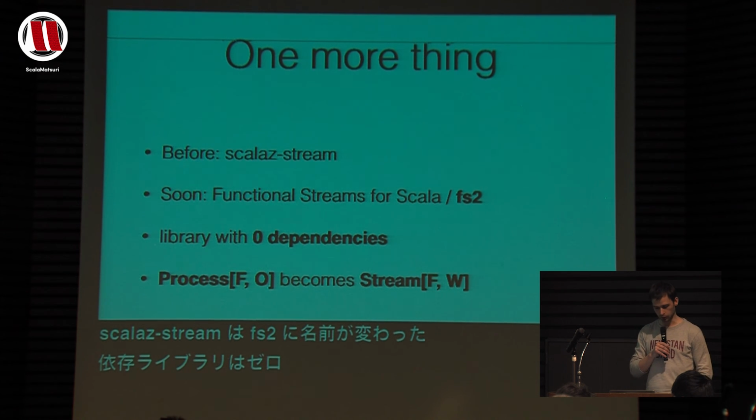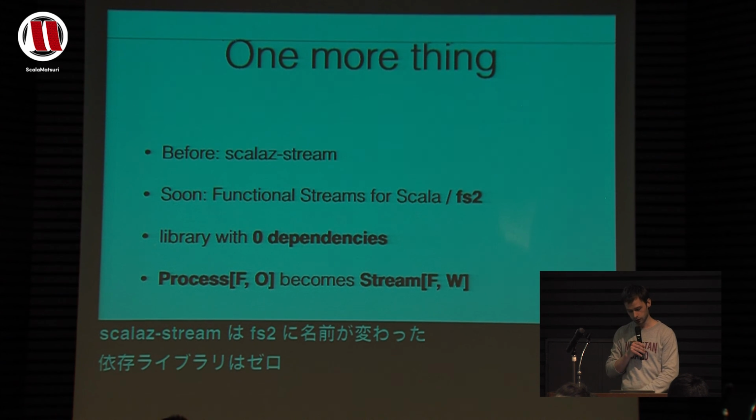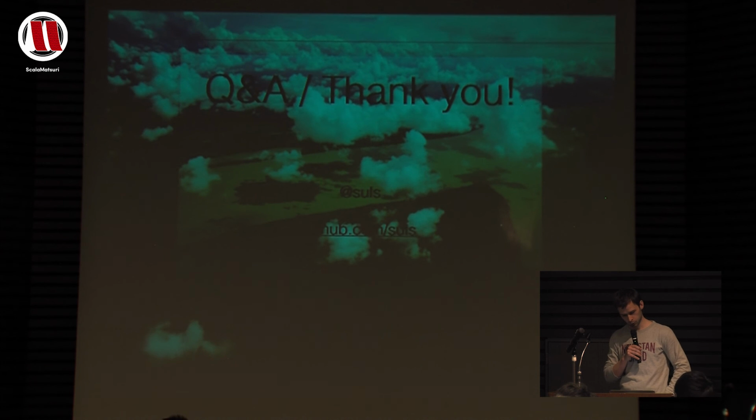So there will be some changes internally. Also for a user, whenever you saw the word process in these slides, once the transition to FS2 is complete, you will have to use stream in this case. Please don't mix up the stream in this case with the standard library stream. So stream is fs2.Stream.